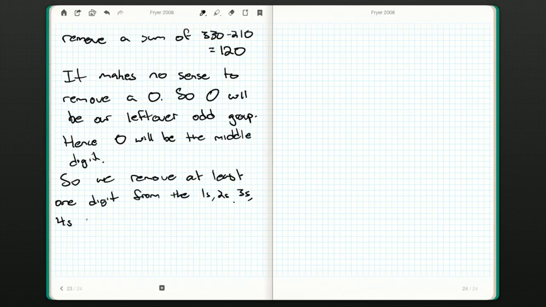So we need to remove at least 1, 1, 1, 2, 1, 3. The 5s are already even, so that's fine. 6s, 7s, 8s, 9s. So that's 8 digits we're removing already.